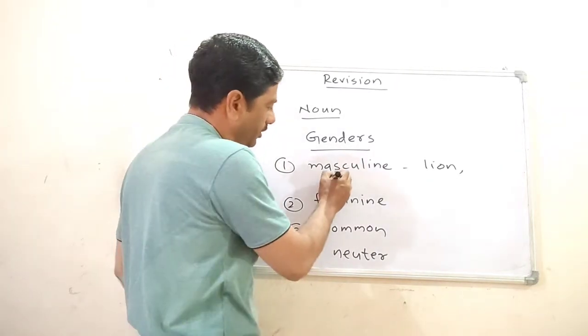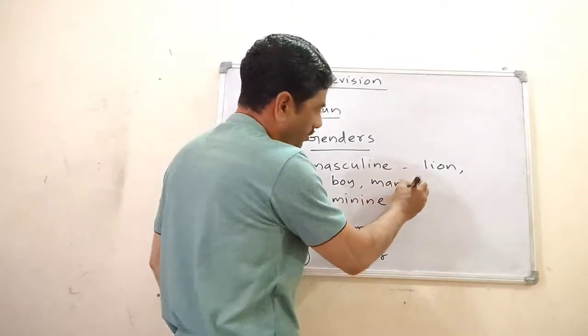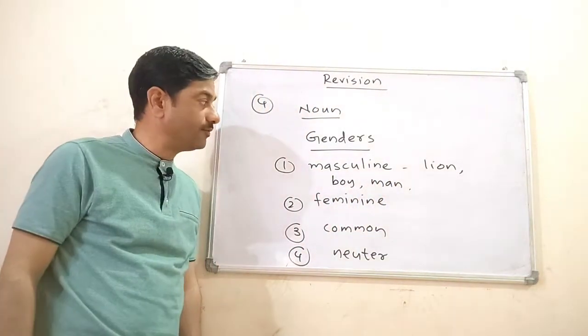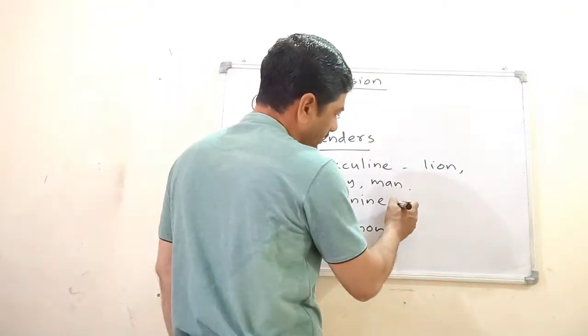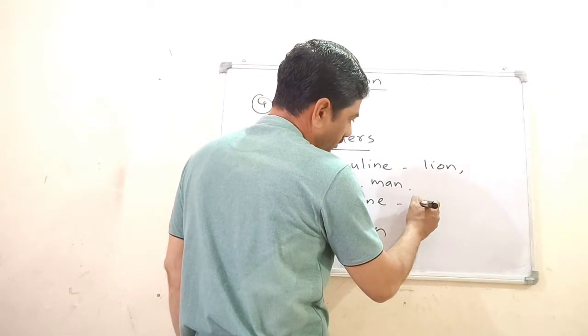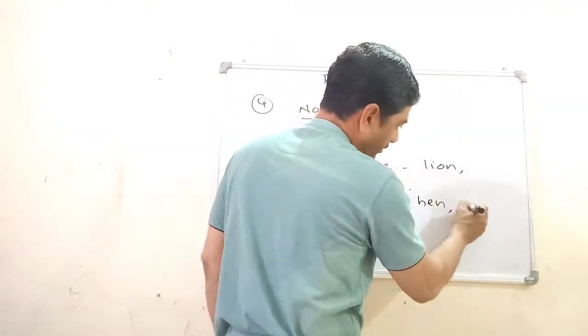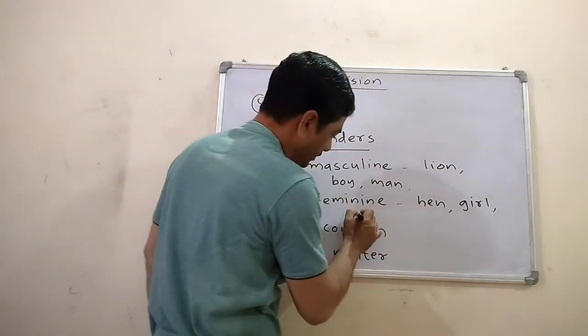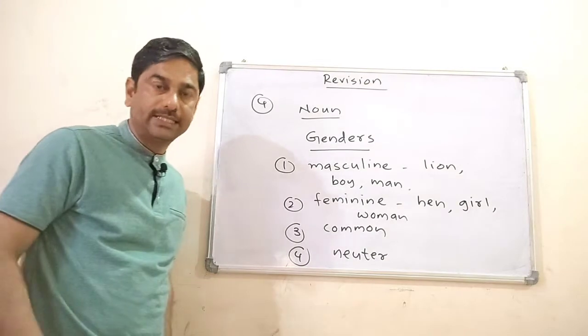Then boy, man. These are some of the examples of masculine gender. Feminine: hen, it is feminine. Then girl, woman. All these are examples of feminine gender.